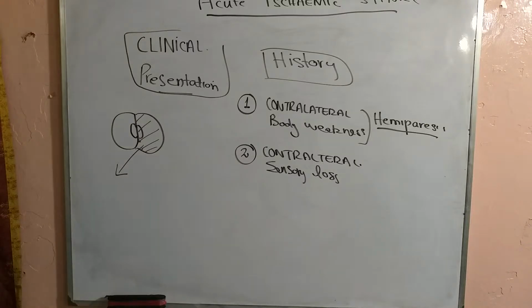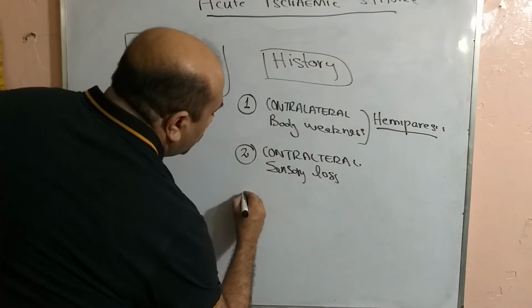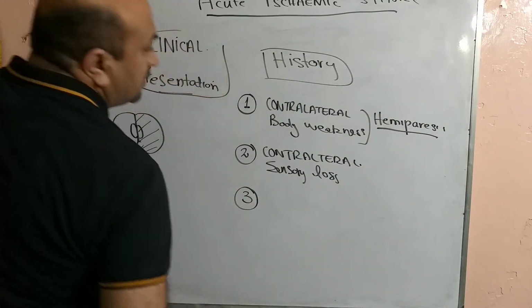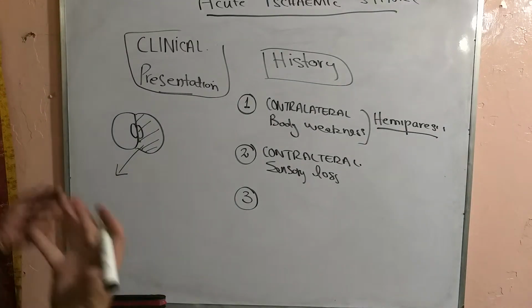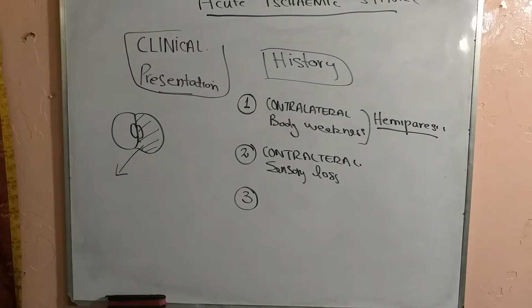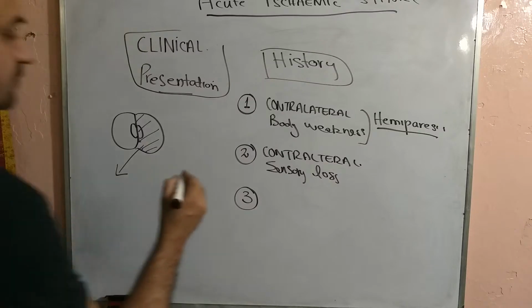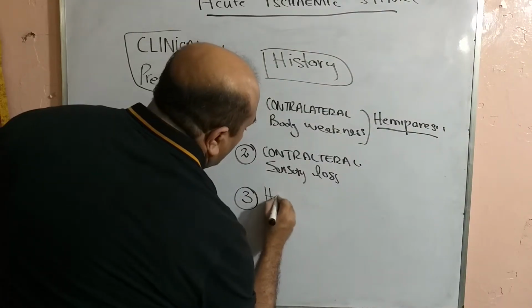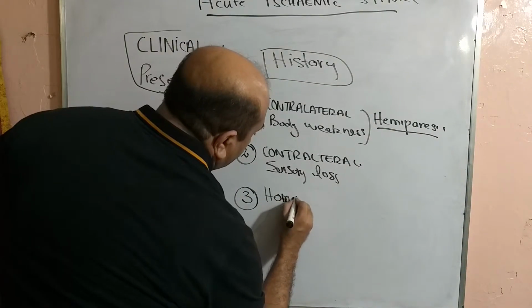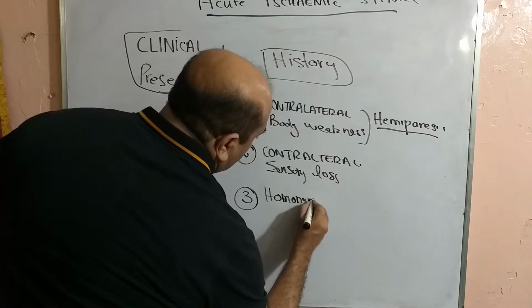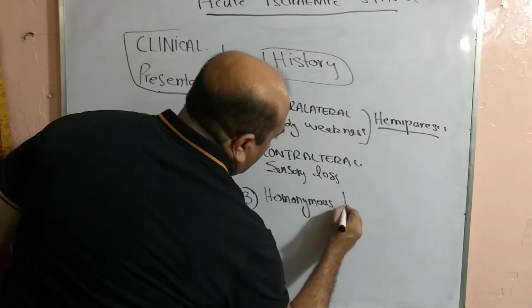So there can be homonymous hemianopia, or hemianopsia. Half of the visual field is gone. Homonymous hemianopsia.